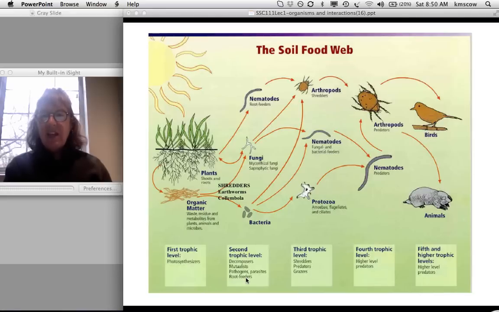So the front line of organisms that deal with that organic matter are what we call shredders, which are actually larger organisms known as fauna. Fauna are the animals in soil. They're going to break down these big pieces of organic matter that are really difficult for organisms like fungi and bacteria to do too much damage with, because the pieces of organic material are too large.